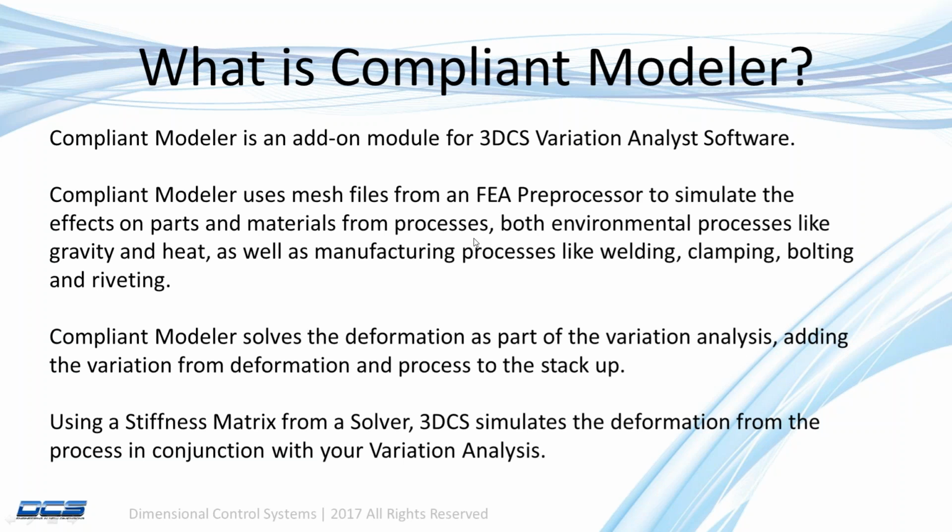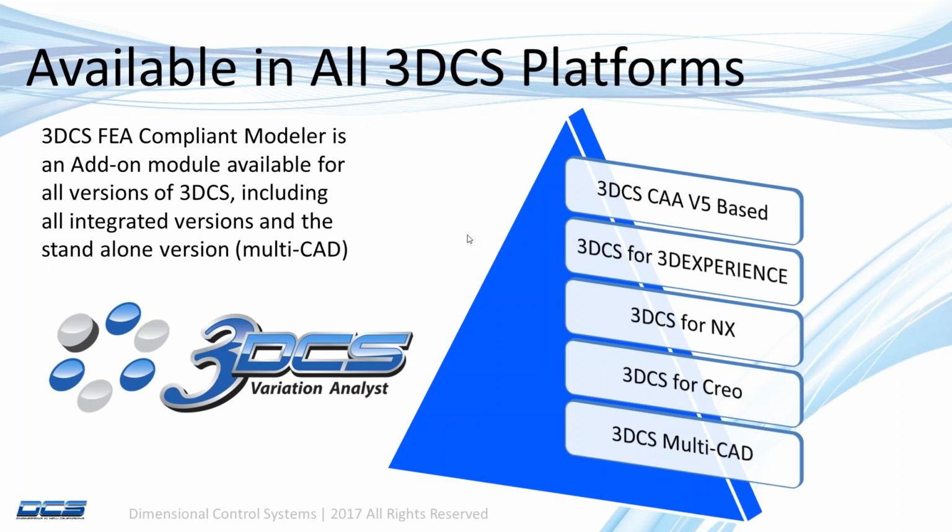The way Compliant Modeler normally functions is by changing the nominal position of your parts to compensate for the forces, the weight, and the applications of the compliant moves on your parts. And then you can do a traditional Monte Carlo analysis on top of that. As I mentioned, it is available in all of our platforms, our integrated and our multi-CAD standalone platform. Today we'll be using our CATIA integrated solution, 3DCS CAA V5 based.